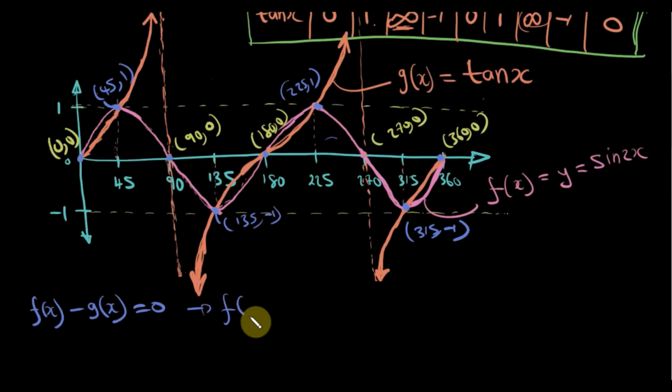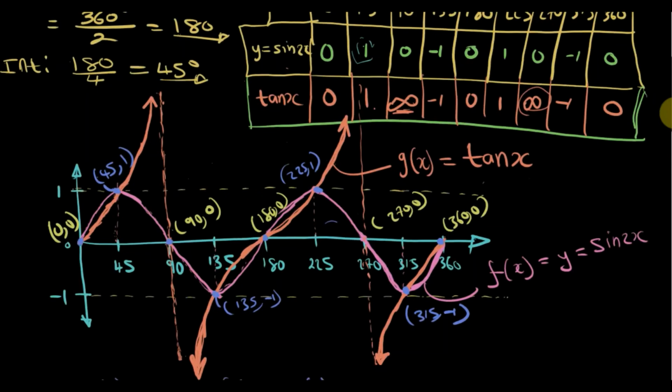We can just rewrite this equation as f of x equals g of x. At point 0, the point where f of x intersects g of x, f of x is 0, g of x is also 0. So 0 minus 0 gives us 0.